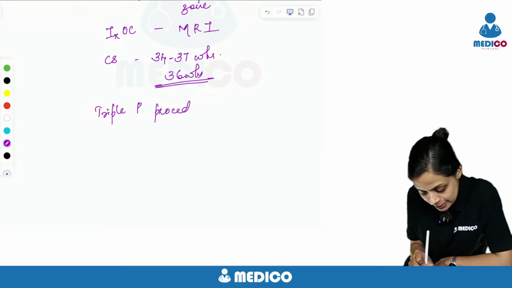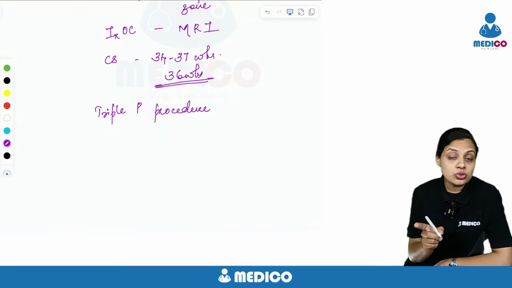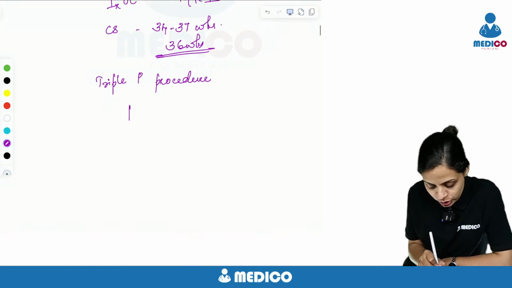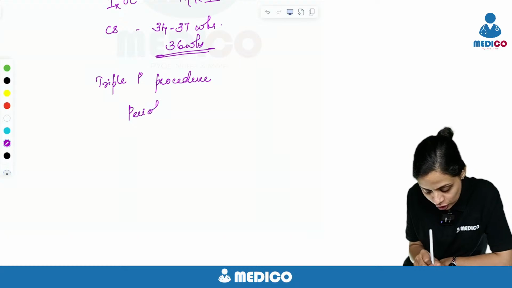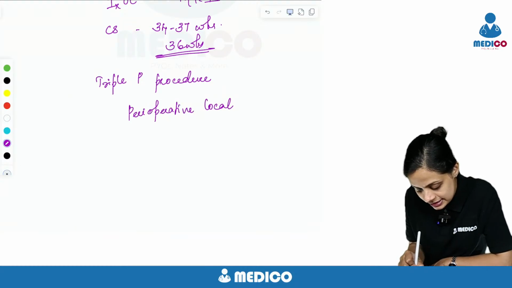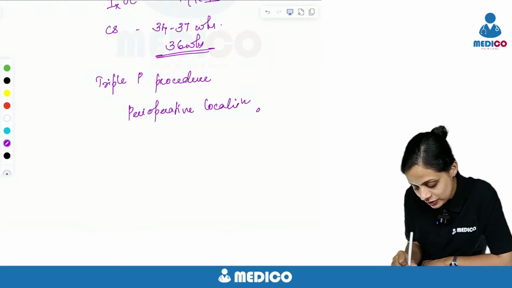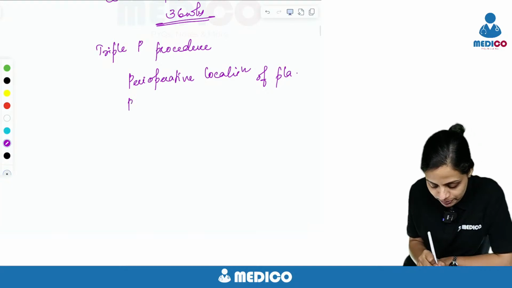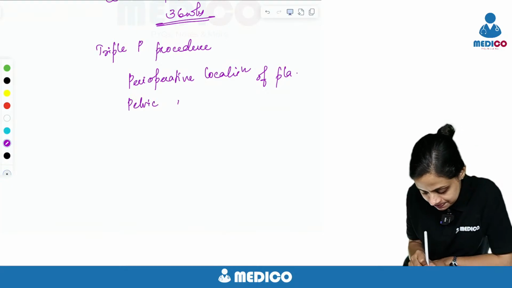There is a perioperative localization of the placenta. You have to make sure that it is an accreta. Then you will have to do a pelvic devascularization.